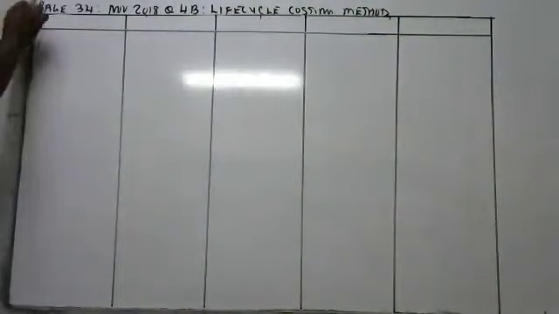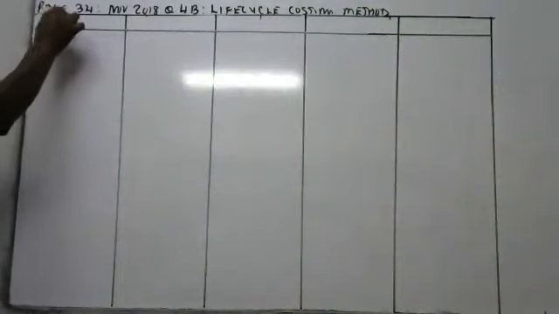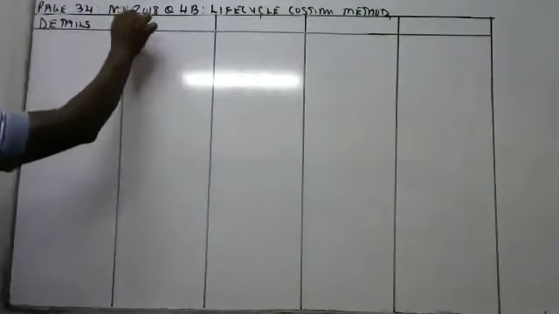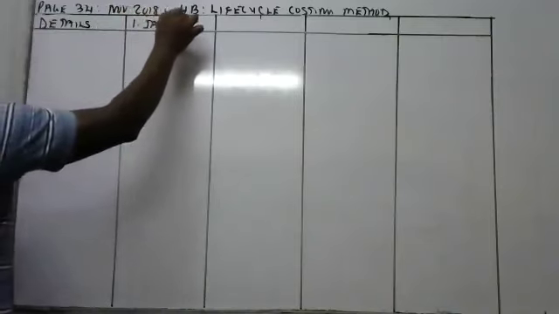So I have a column called details. Then I have 1st January 2018.